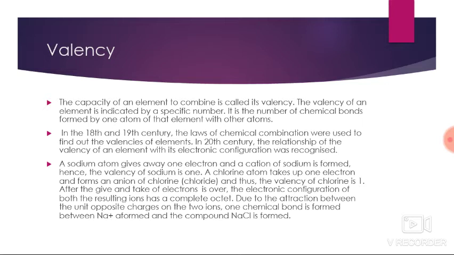It has one extra electron in the last shell, so it wants to give away that electron because it wants to make its atom stable. An atom becomes stable only when it has 8 electrons in its outermost shell. In the second shell there can be only 8 electrons. It cannot fit 9 electrons.